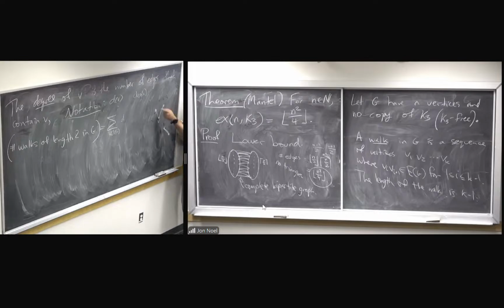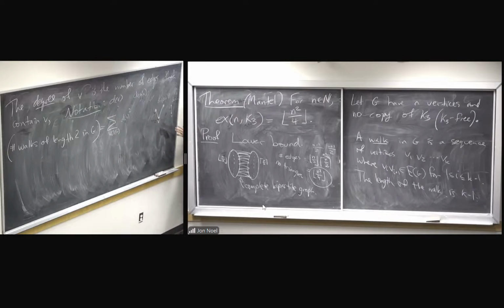Yeah, this picture is misleading, right? A walk where the middle vertex is v could look like this. So there are d of v times d of v minus 1 choices that actually look like that. But it could also look like this, where the first vertex is here, second vertex, third vertex. And for this one, there are d of v choices, because it's just choosing a neighbor. If you add these together, you actually get d of v squared.